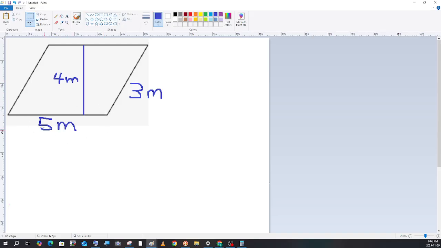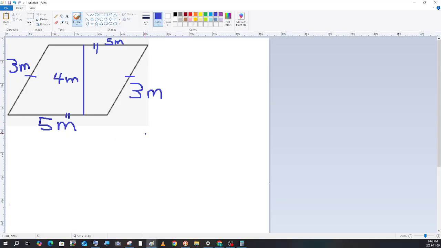So if this long side on the bottom is 5 meters, I know that this long side up top will also be 5 meters. Okay, so like I said, very similar to a rectangle in that sense. We have two long sides. Okay, and then the short side on this side is the same length as the short side on this side. So the side on the left is going to also be 3 meters, just like the side on the right.